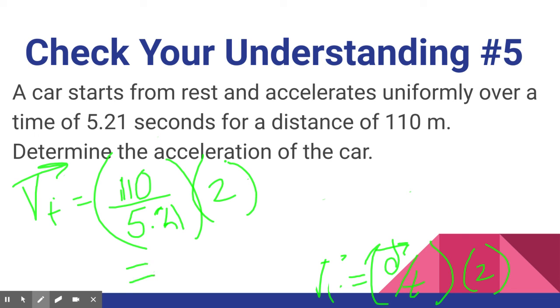And what you would get for your final velocity, let me quickly pop that into my calculator, 110 divided by 5.21 times 2. What you'll get here is 21.1 meters per second. So that is our final velocity here.